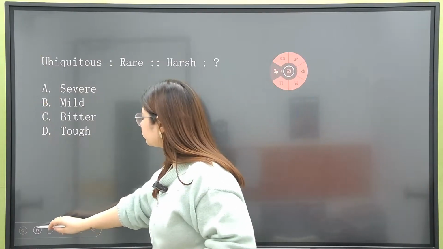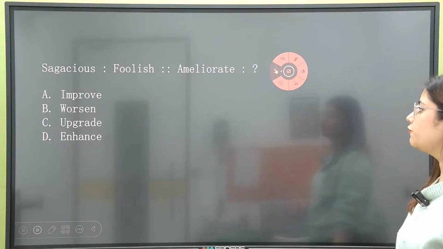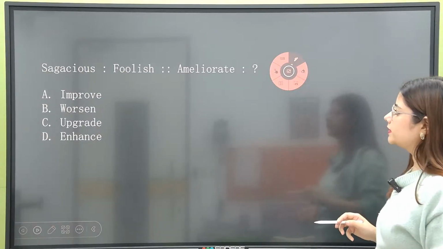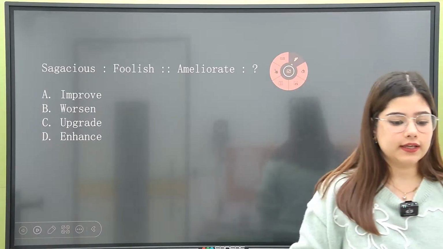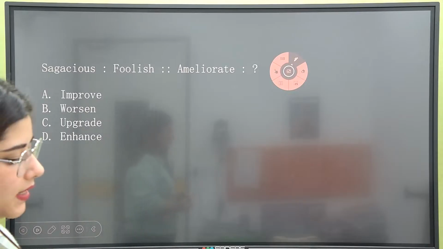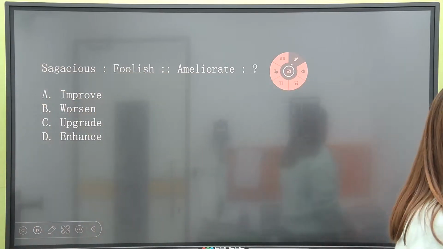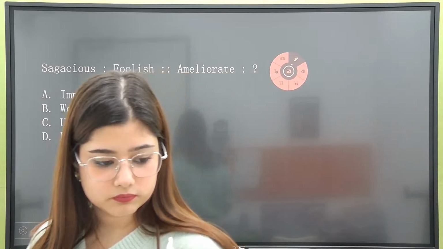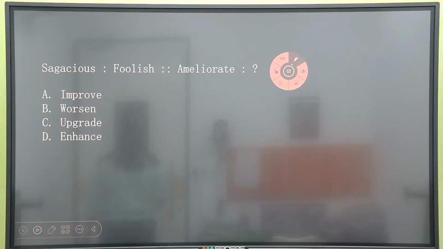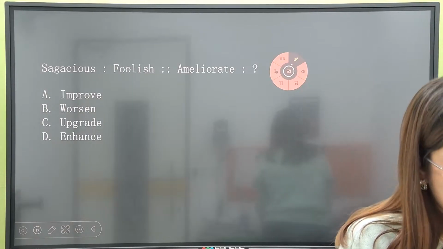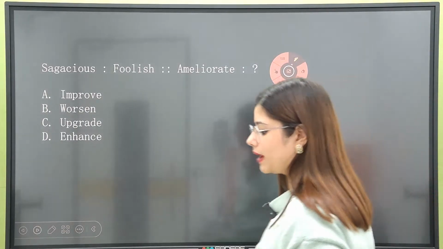Next, sagacious is to foolish, such as ameliorate is to. Again, vocabulary based analogy. What do we mean by sagacious?